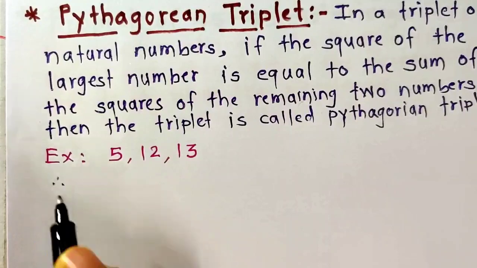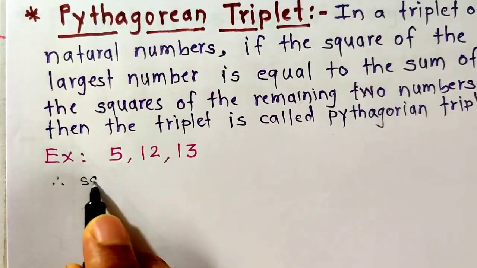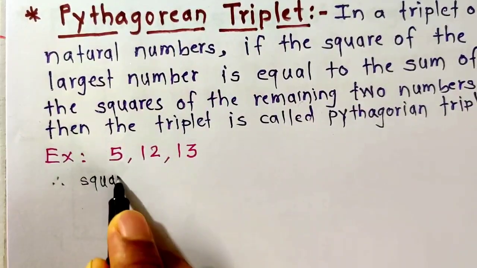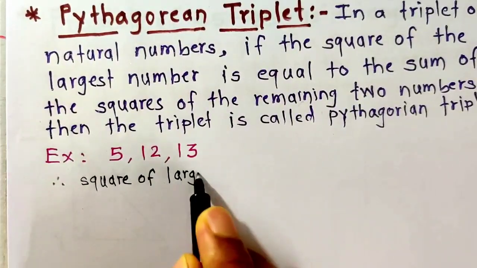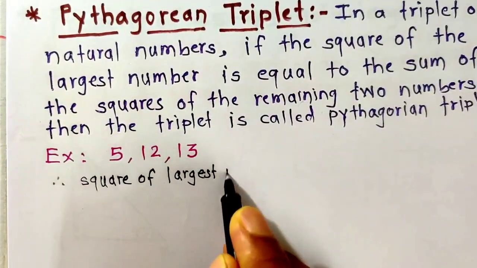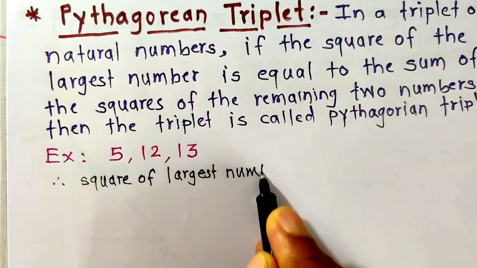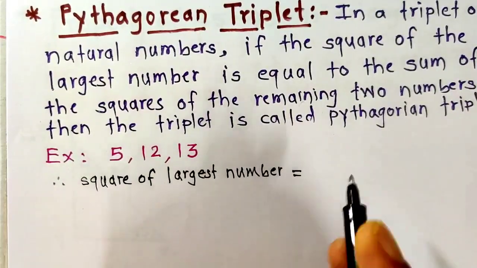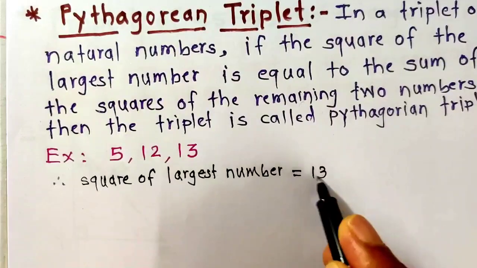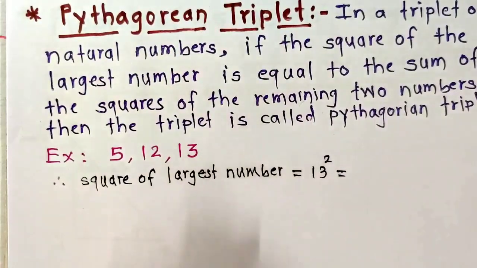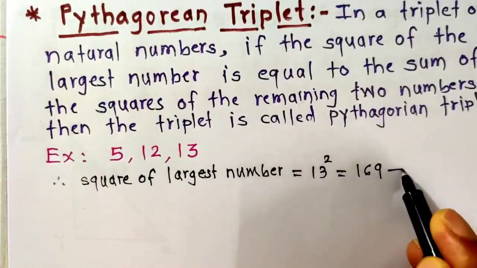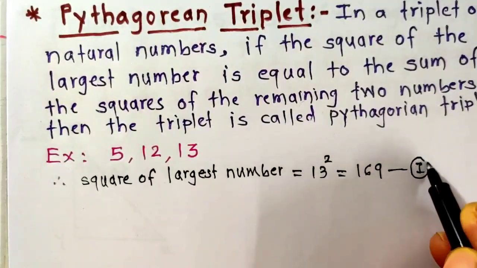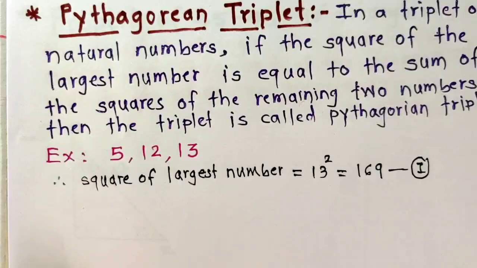Therefore, we write the first step: square of largest number is equal to 13 square, and you know that 13 square is equal to 169. This is our statement number 1, square of largest number.